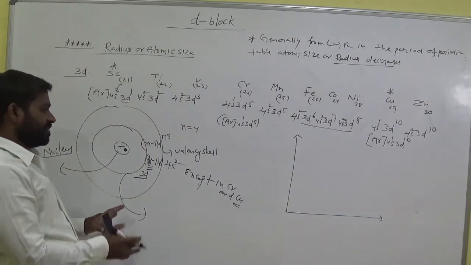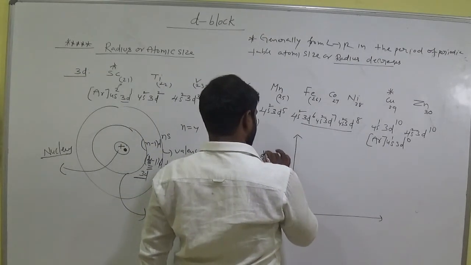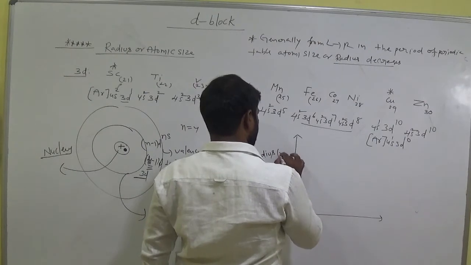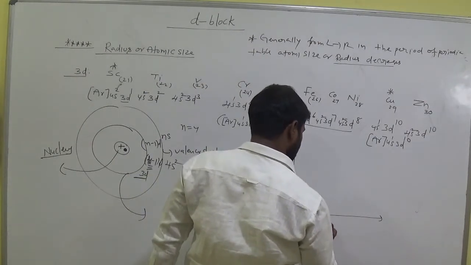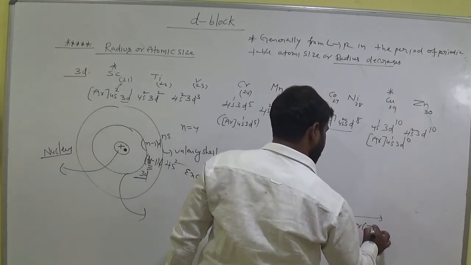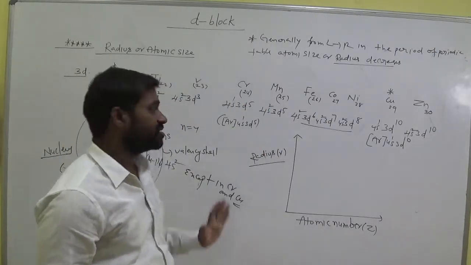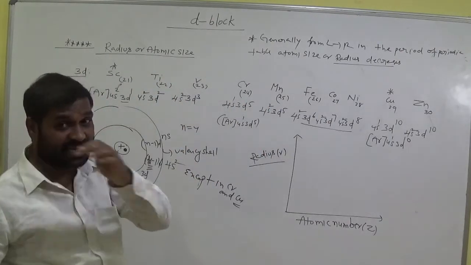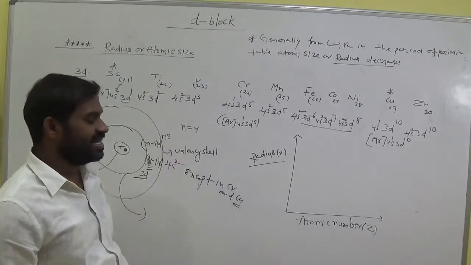Okay, keep it in your mind. Now let's see, this is the radius. Take the graph between radius and atomic number. Atomic number we denote with Z, you know very well. So the atomic number increases 21, 22, 23. That means electrons increase one by one. And consider their atomic radius.